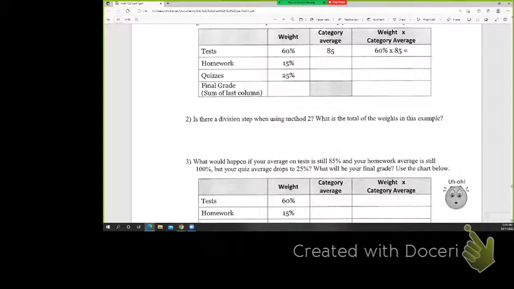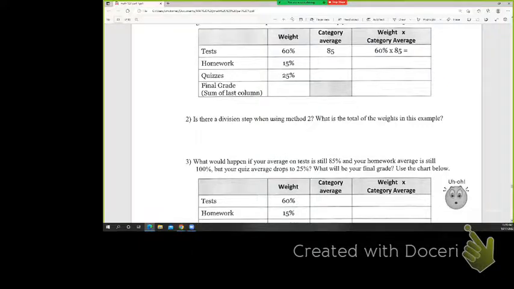So when we have these percentage weights, there is no division step, and the total of the weights should be 100%.